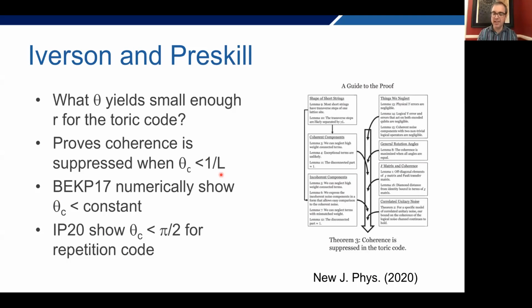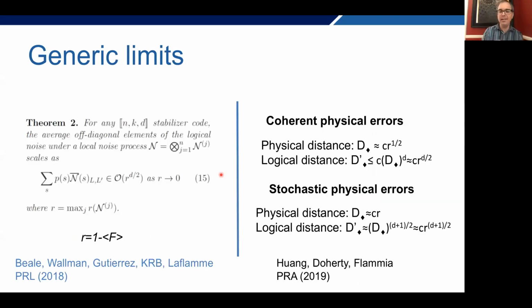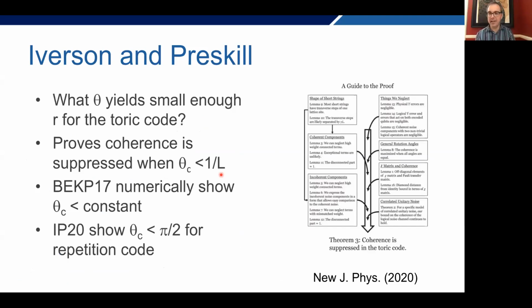So I would say here, you and I, Steve, show that if theta is really small, it works. But we actually have no limit on small. And then what they show is that theta less than 1 over L is sufficient, but as you said, not necessary. And we know numerically it looks like it's less than some constant.